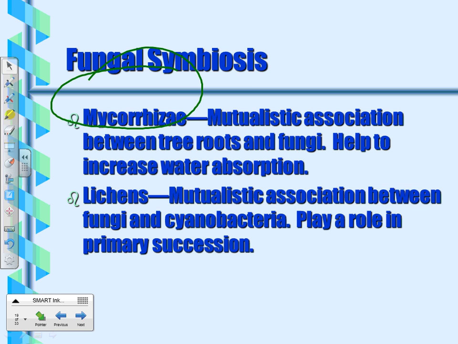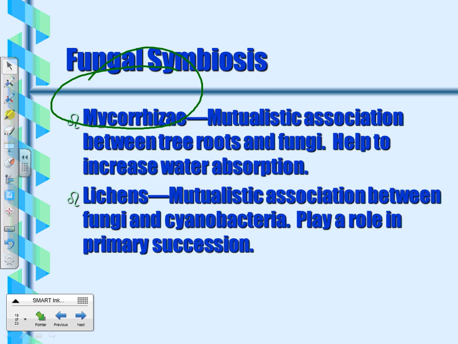What's the fungus get from the plant? This is mutualism. It's got to get something back. What does the plant pay the fungus in? What do plants always pay in? Somebody said it? Sugar. So they get sugar from the plant, and the plant gets help absorbing water.